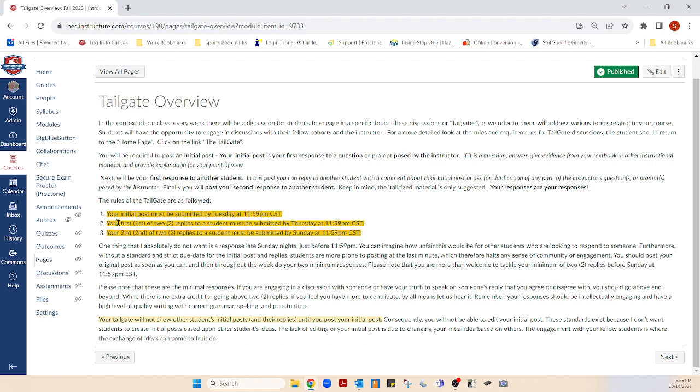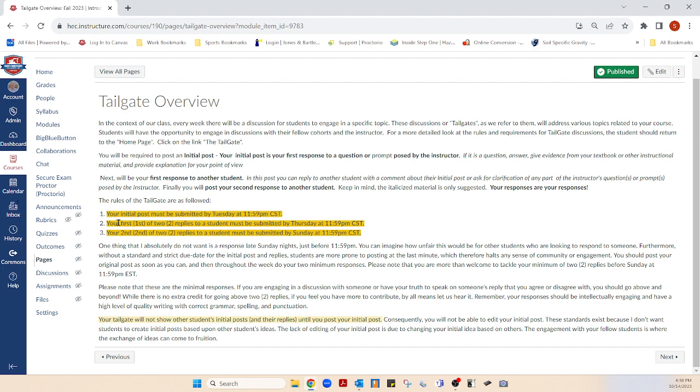It's called your first response of two replies to a student, and it must be submitted by Thursday midnight. Now, your second response, that's to another student, or the same one if it makes sense, if you didn't finish what you needed to say. So your second response is due by Sunday.